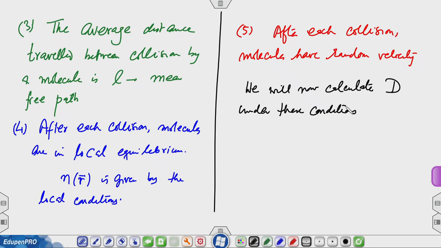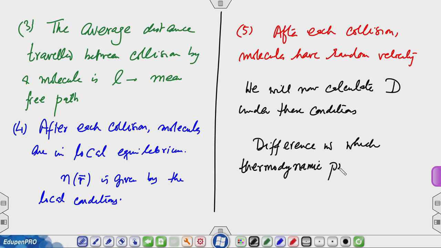Before that, let me ask you a question for diffusion. So the question is, difference in which thermodynamic property between two places causes diffusion to take place.